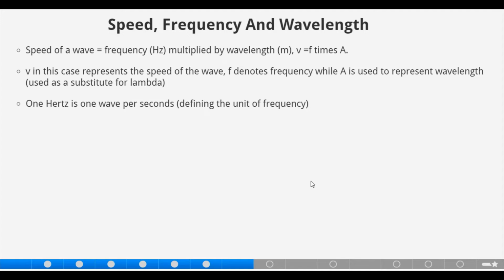So V is equal to f lambda, where V represents the speed of the wave, f denotes frequency, and lambda represents wavelength. 1 hertz is 1 wave per second. That is defining the unit of frequency.